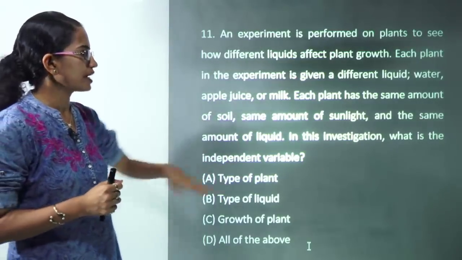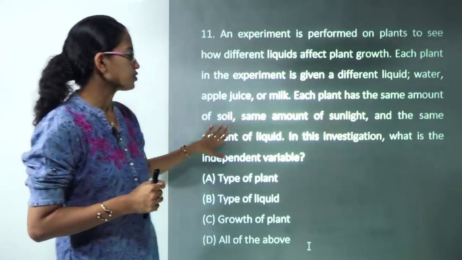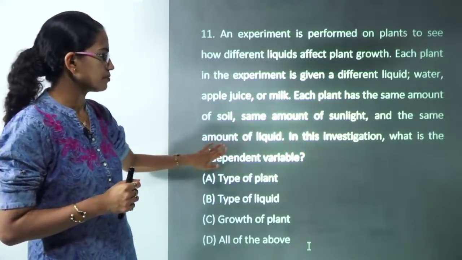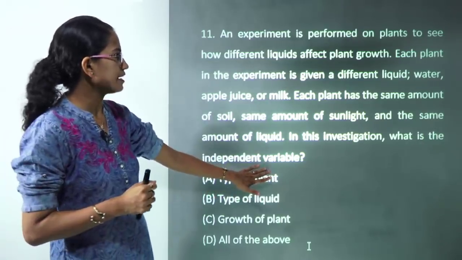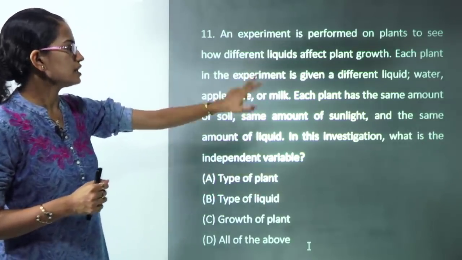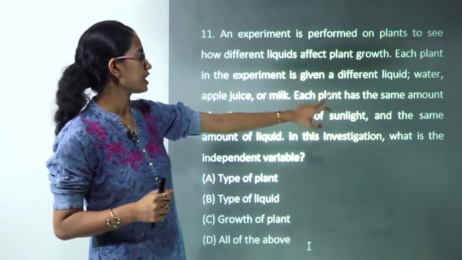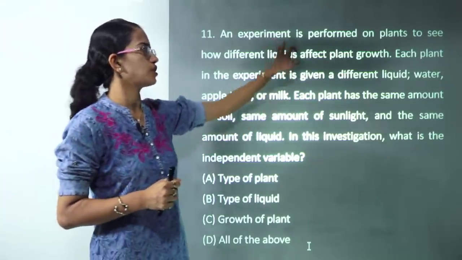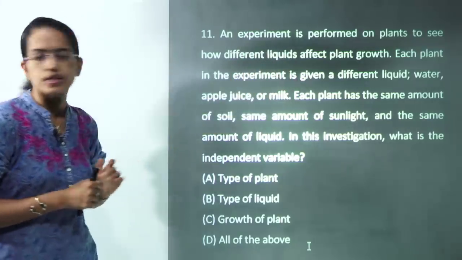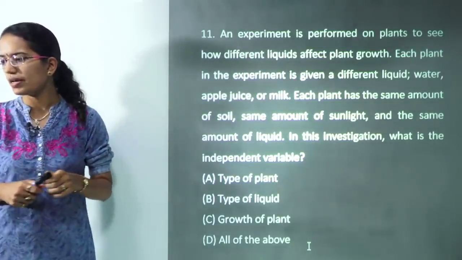Each plant has the same amount of soil, the same amount of sunlight and the same amount of liquid. In this investigation, what is the independent variable? Each plant is given a different type of liquid, and we are trying to find out the growth based on the different liquid that's given. So what is the independent variable?